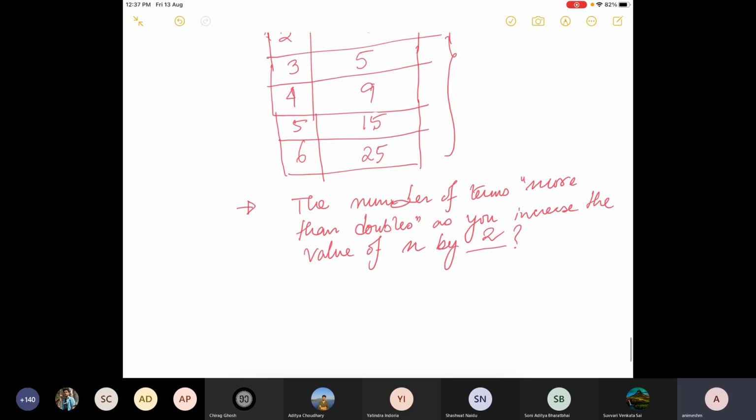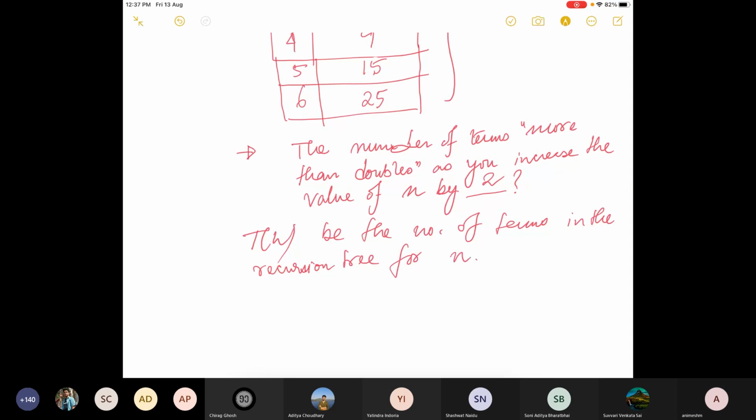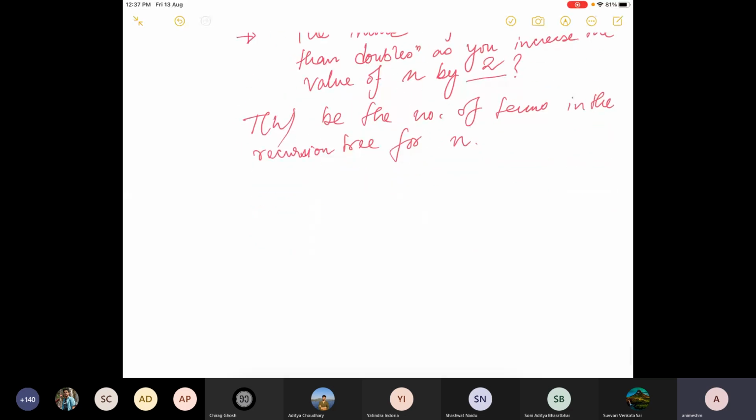Okay, fine. So let's say now that Tn be the number of terms in the recursion tree for n. Let us say that Tn be the number of terms in the recursion tree for n.